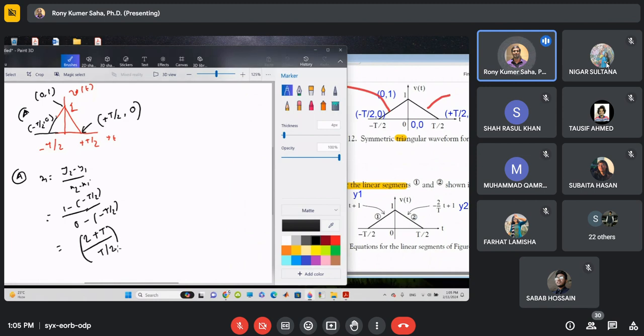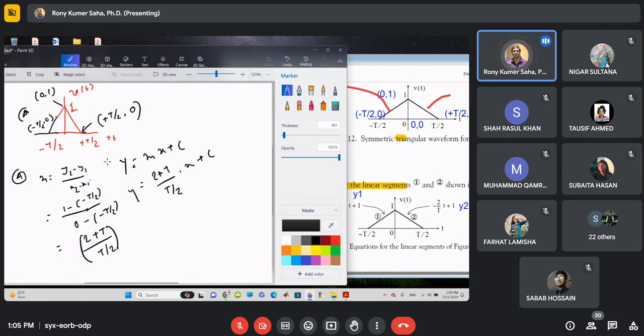So this is your slope, and this is an equation of a straight line, y equal to mx plus c. The value of m we have already, t plus t over 2, multiplied by x, plus c.